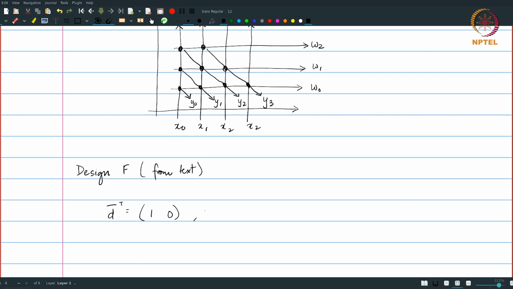And once we have chosen D, automatically it means that we have to choose a value of P which is orthogonal to this value of D. One simple choice is to go with 0, 1.